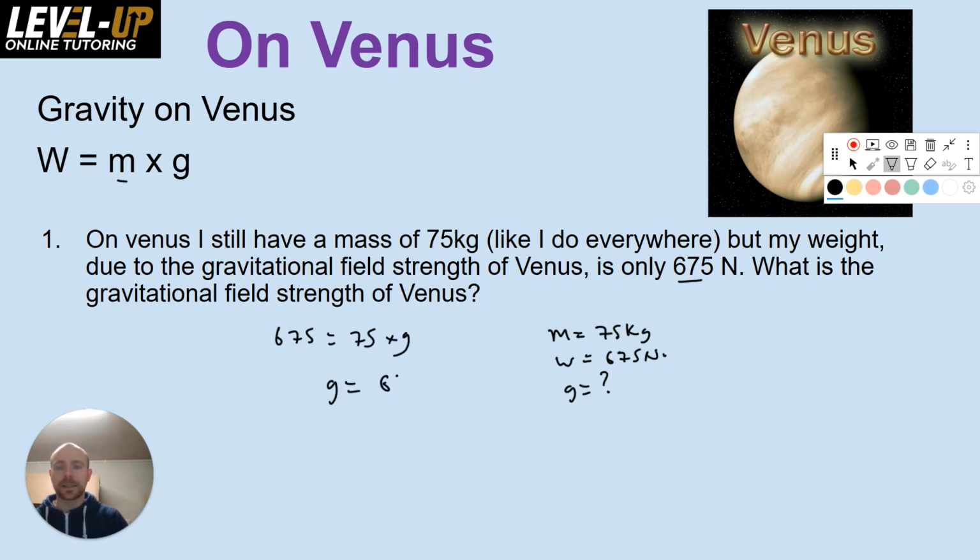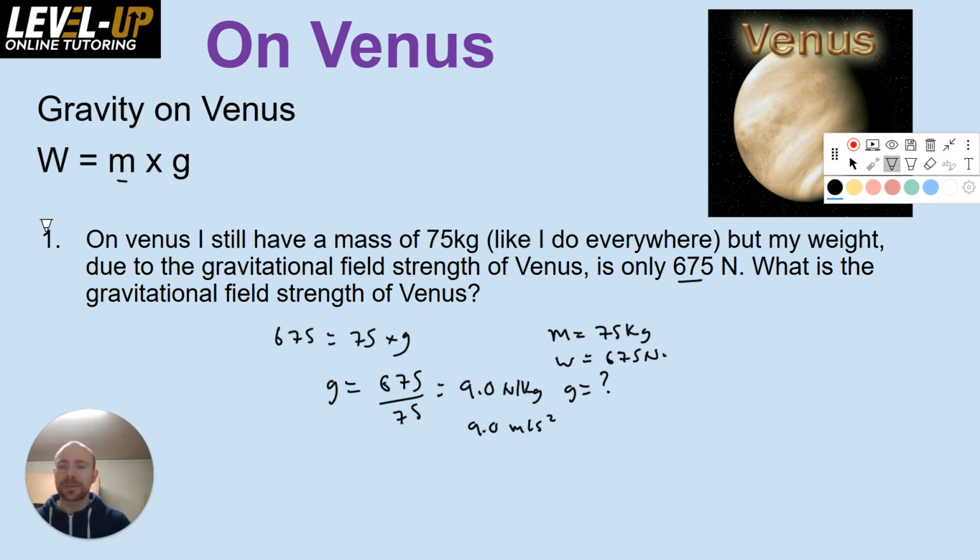So g is 675 divided by 75, which equals 9.0 newtons per kilogram. And if you put 9.0 meters per second squared, that would be fine as well.